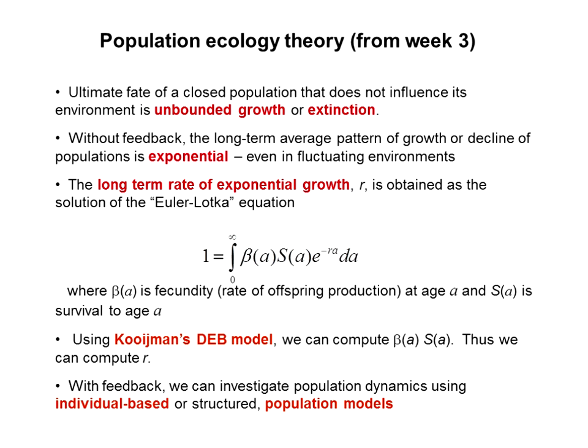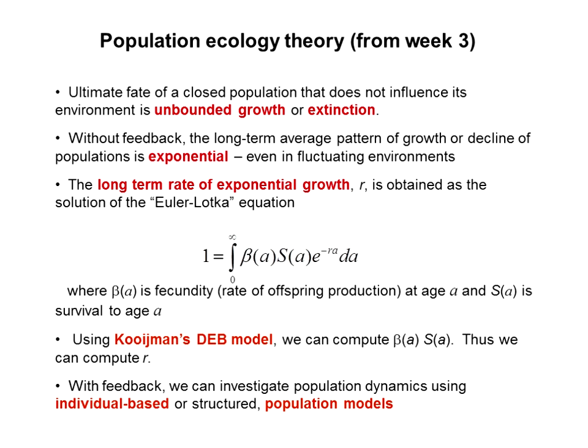The starting point was that absent any changes in the environment, any feedback from the organism to the environment, the ultimate fate of a closed population is unbounded growth or extinction, and the long-term pattern of growth or decline is exponential. I wrote down an equation, the so-called Euler-Lotka equation, that can be solved in order to derive the long-run growth rate of a population in a constant environment.